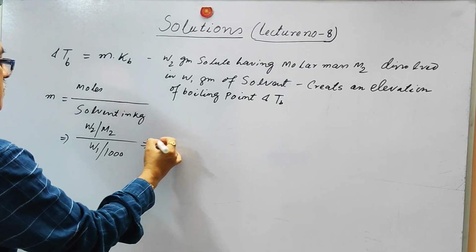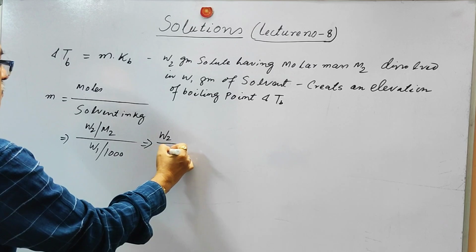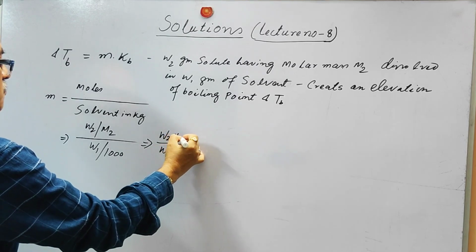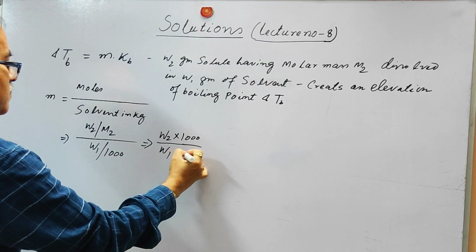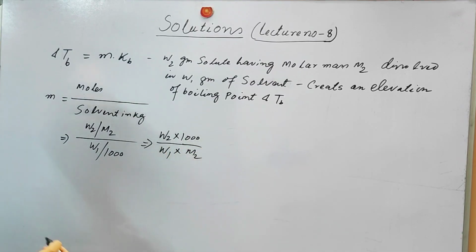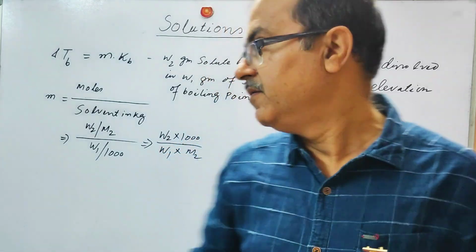So it will be W2 by W1 into 1000 into M2. So from this we get this relationship.